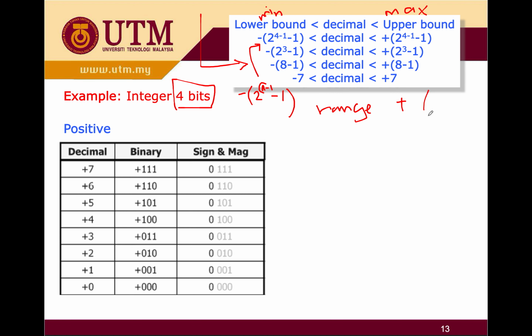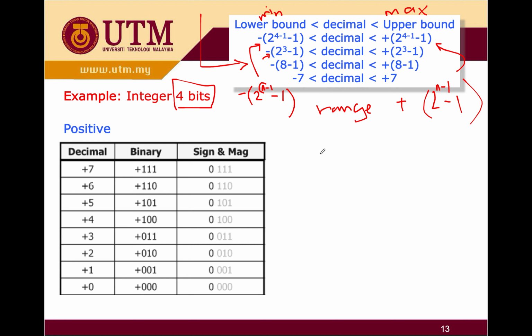And positive 2 to the power of n minus 1, minus 1. And then you get this as you replace n with 4. So now, after that you have minus 2 to the power of n. This is just calculation. You can do it by yourself.